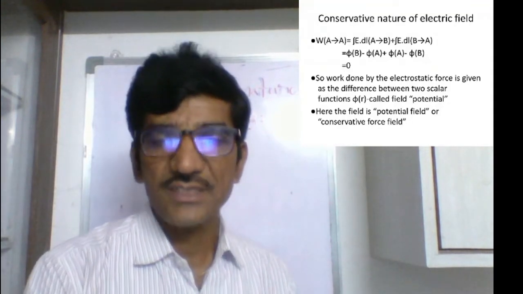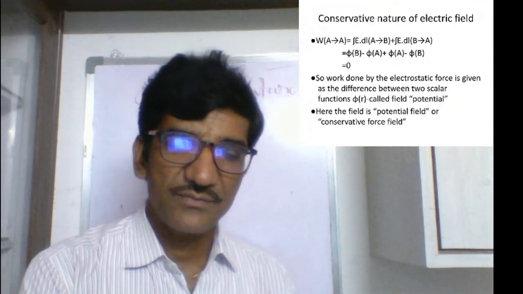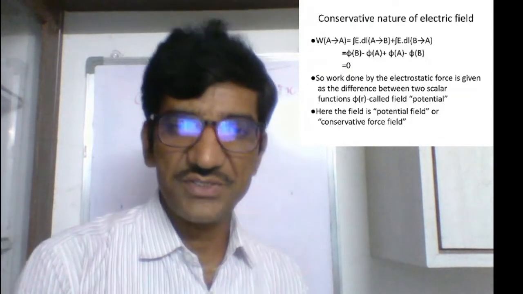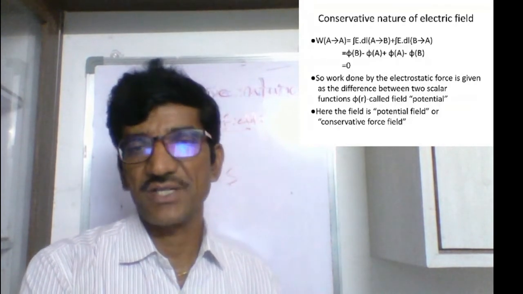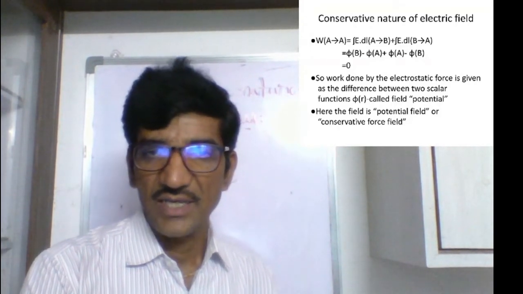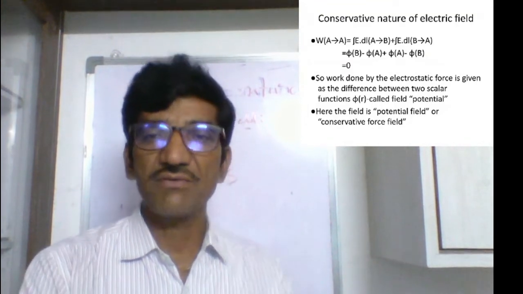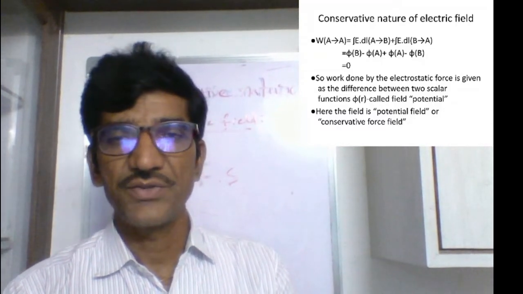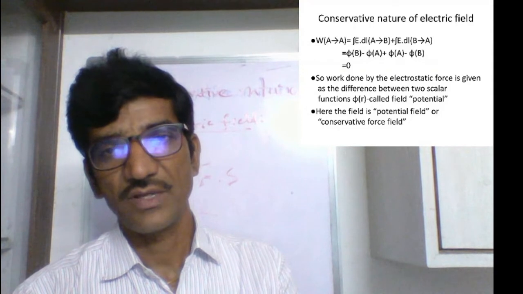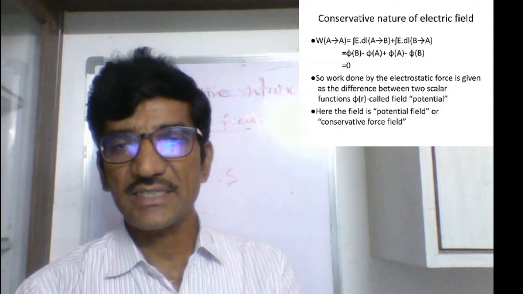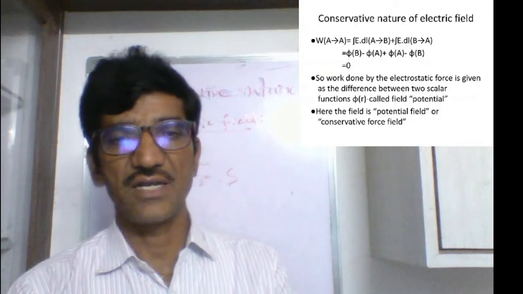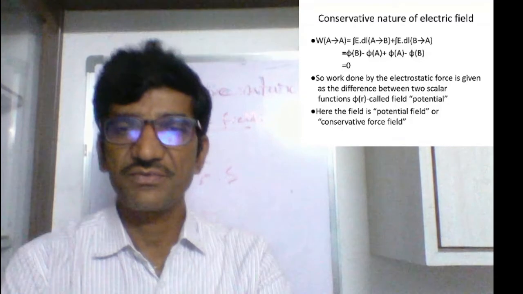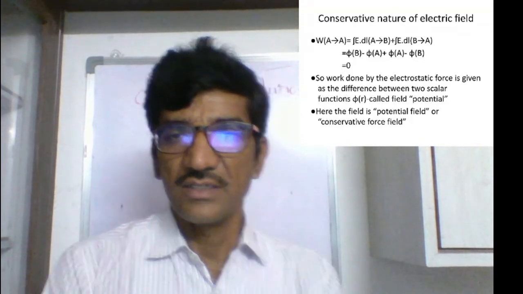Here, electric field is sufficient to describe the field of a charge, but again we are introducing some auxiliary quantity, the potential. For every conservative field, you have an electric potential. So we call this a potential field.